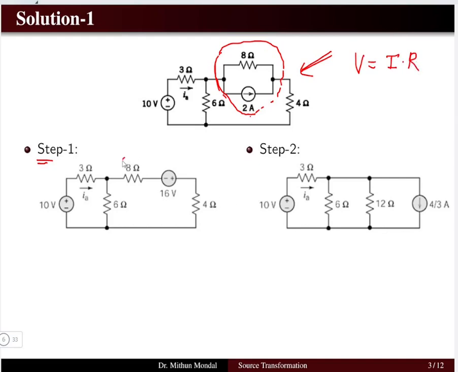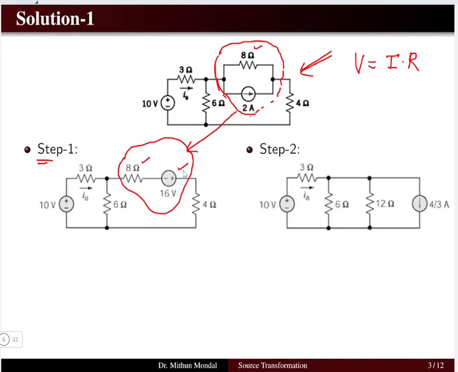So that part of the network we will replace with a new part: 8 ohm multiplied by 2 ampere gives me 16 volt as the voltage source, and there will be a resistor of 8 ohm which will come in series with the voltage source.